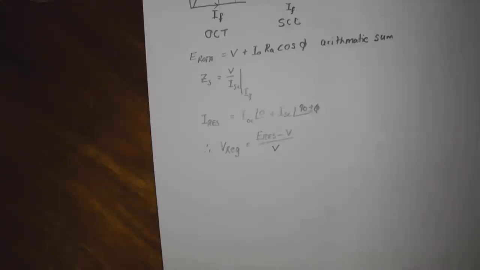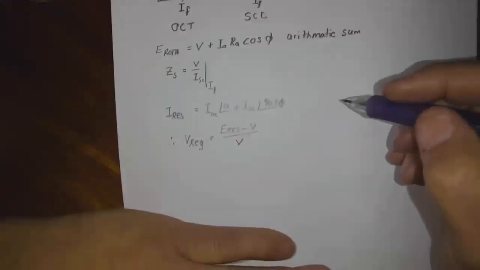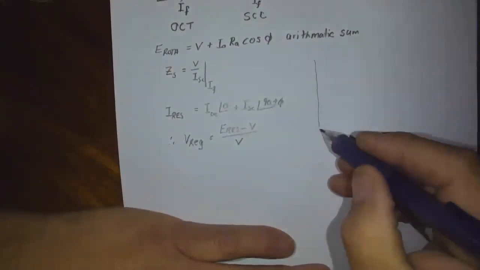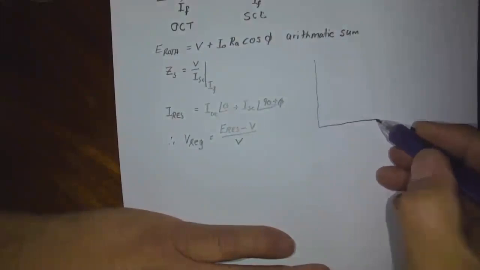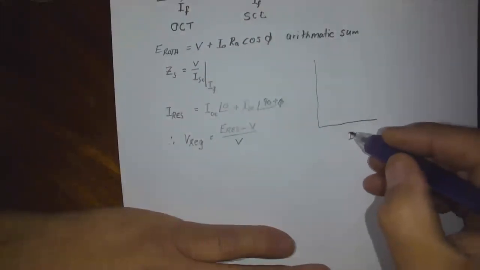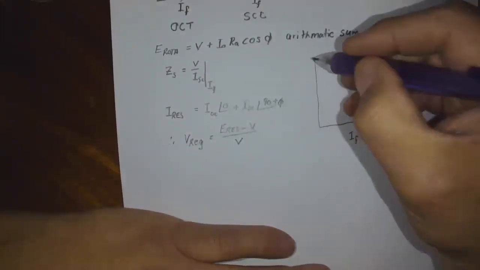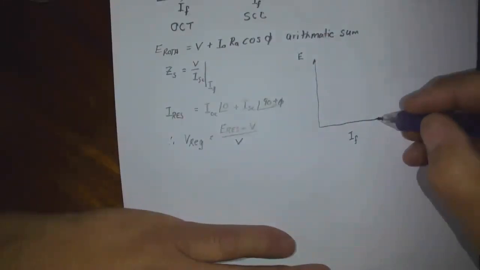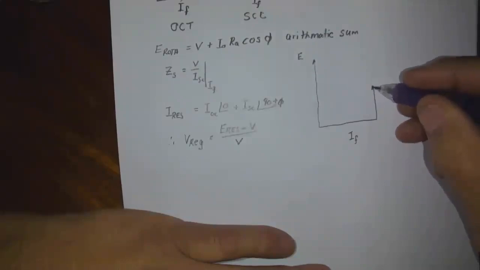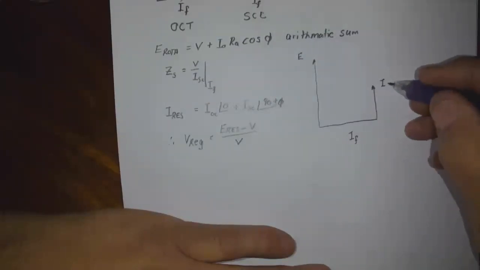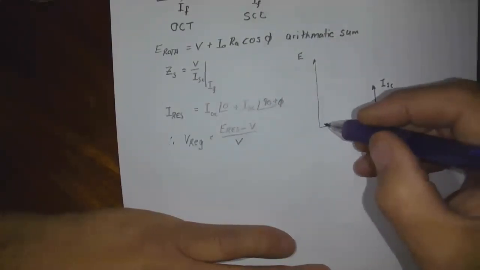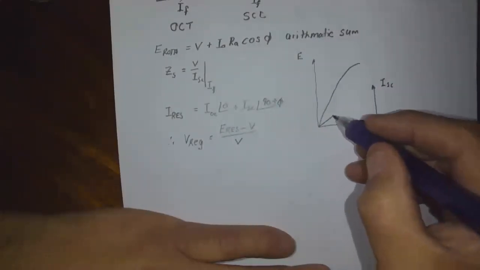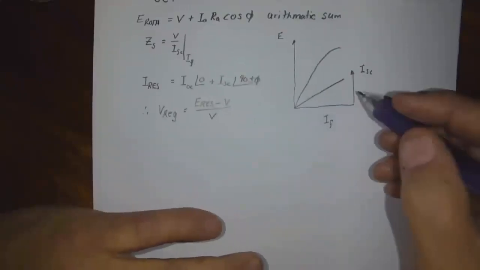Now sometimes we draw the graphs on the same graph. So let's say that's I field. On this side, we have the induced EMF, and on this side, we have the short circuit current. So still, we get the same thing there and there.